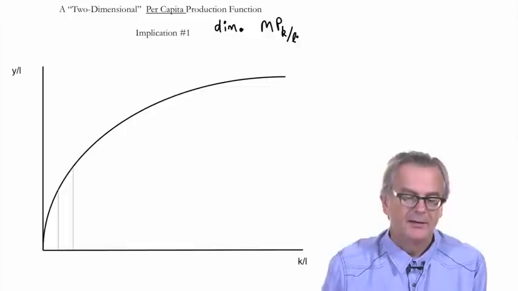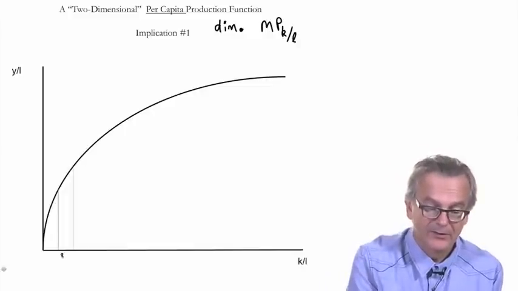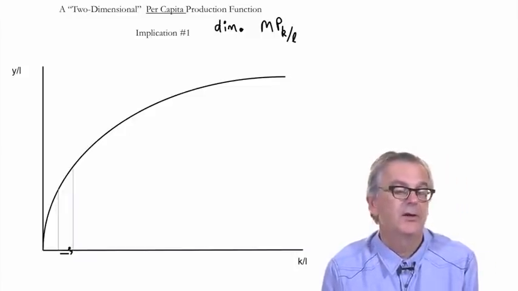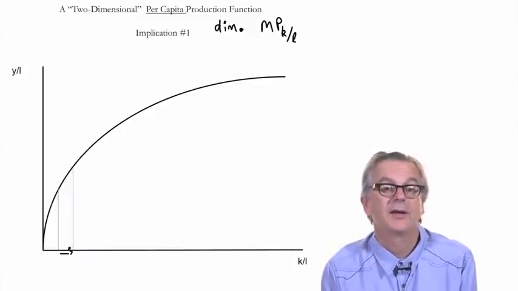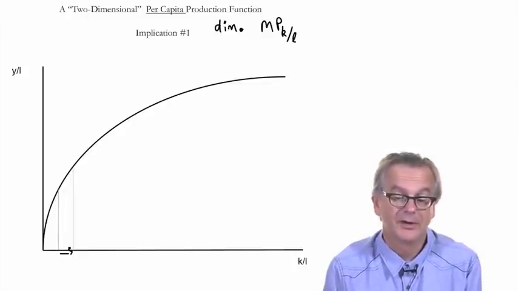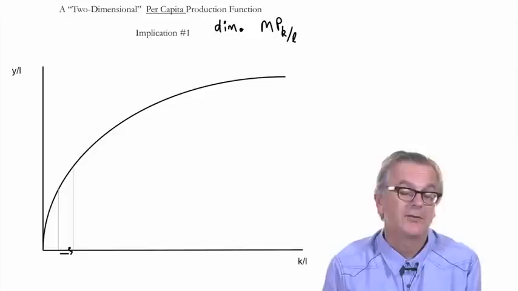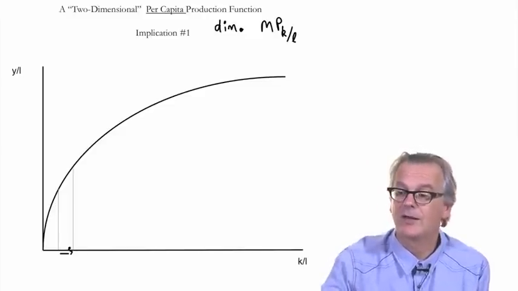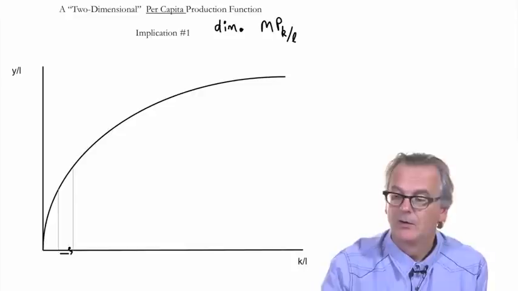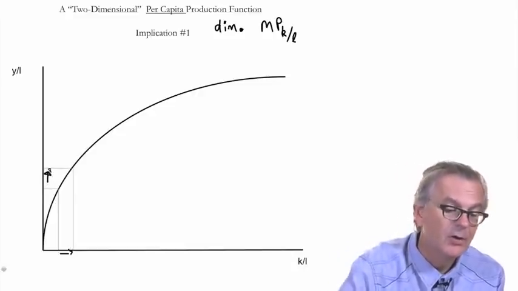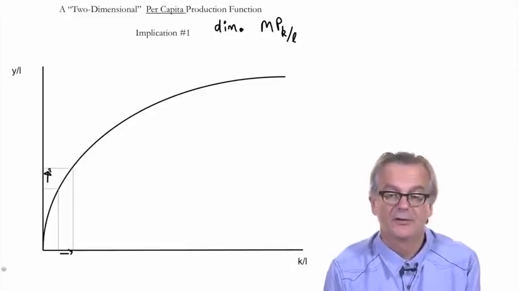Suppose we did exactly that, starting with a relatively low amount of capital per person. You could think of this as an economy starting its process of economic growth from a relatively low base. It started not having that much capital per person, and we provide that economy with some extra capital. What you can see is that that yields quite a significant amount of economic growth.